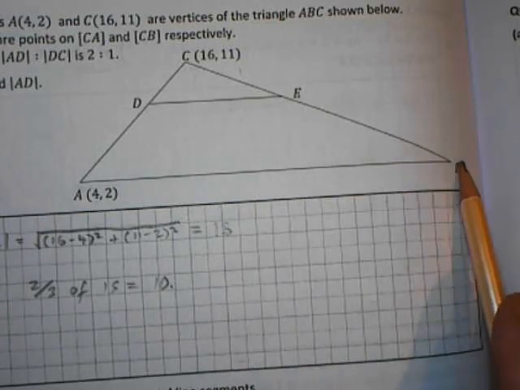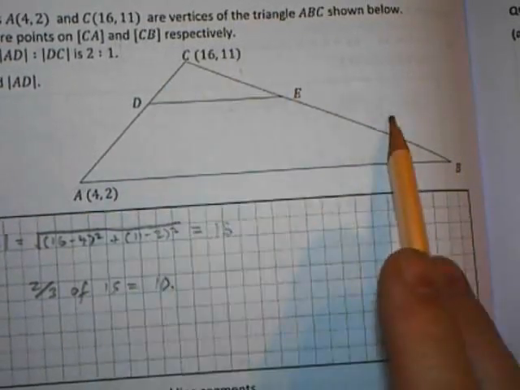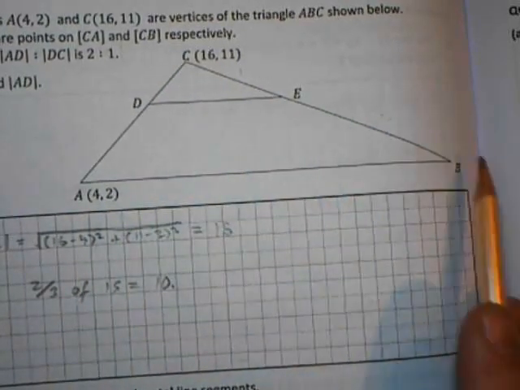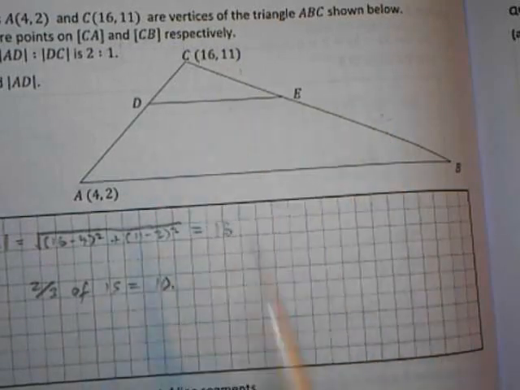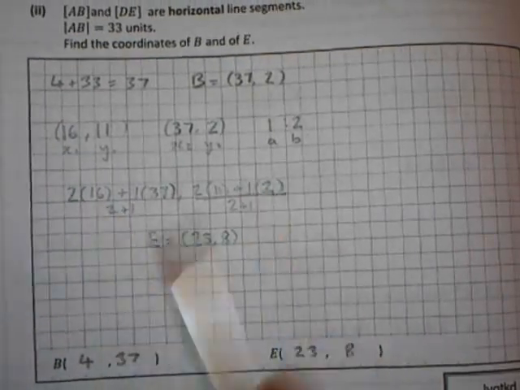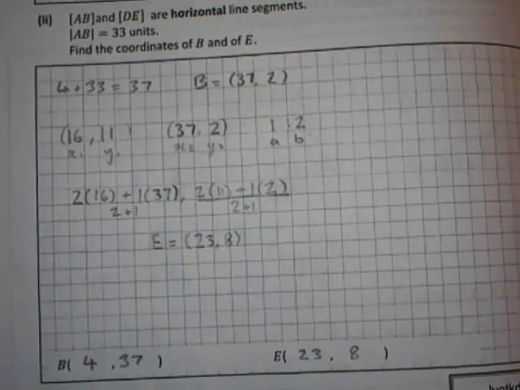If you go x1, y1 here, then that's 2 and that's 1, so it's 2 to 1 that way around. So if this is your x1, y1, it's 1 to 2. If this is your x1, y1, it's 2 to 1. And that does matter, the order. So, ratio formula, you just put them all in with your a's, b's, x1s, y1s, and you get the E's, 23 and 8.